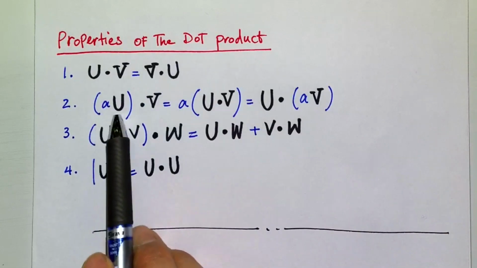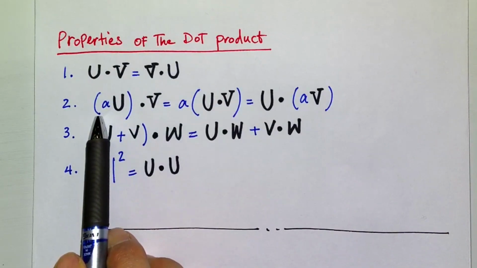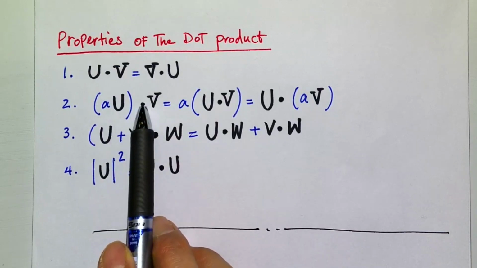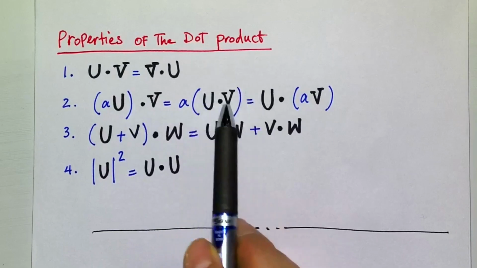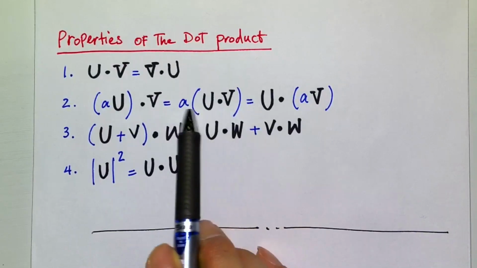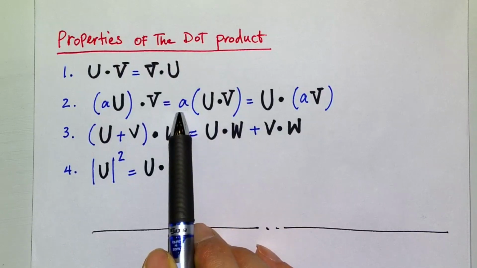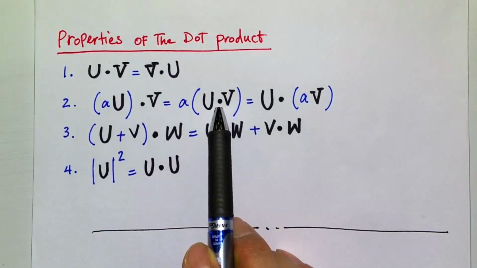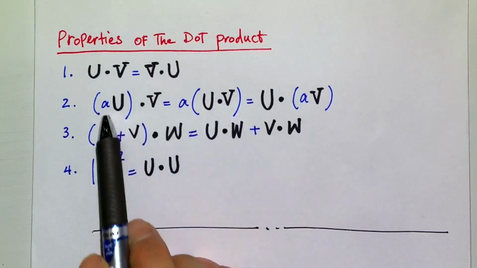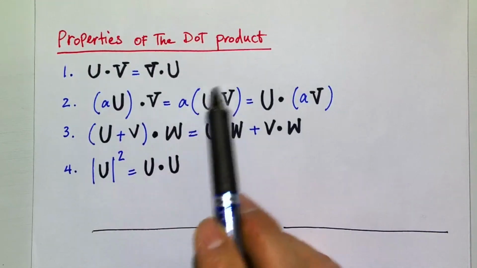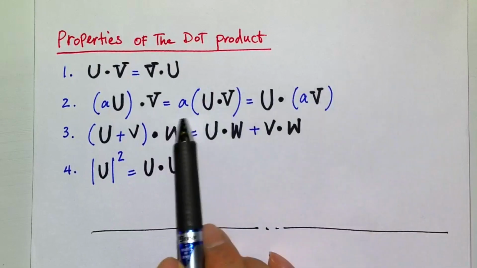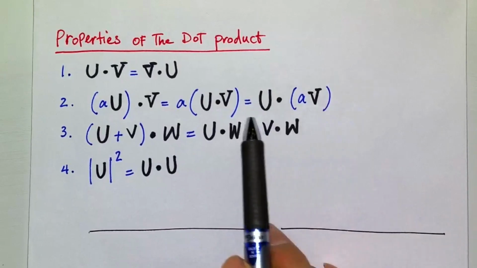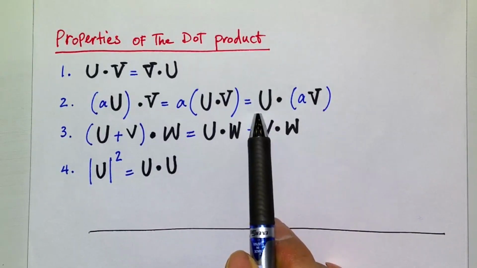If you multiply one of the vectors by a scalar, and you're taking the dot product of the two vectors, then it's the same thing as if you calculated the dot product of the two vectors and just multiplied the result by the scalar. So suppose the dot product result is, say, 5, and this a is 2, so you can simply calculate the dot product, 5, and then multiply it by this 2, and you get 10. So the result is going to be a scalar or a real number.